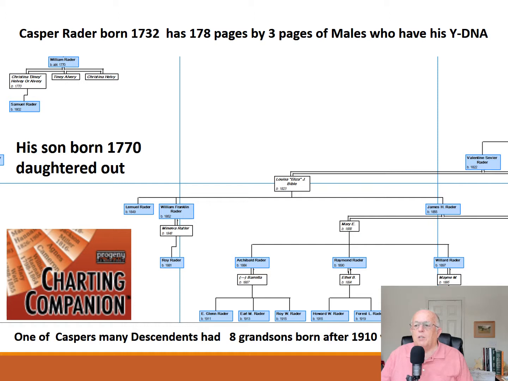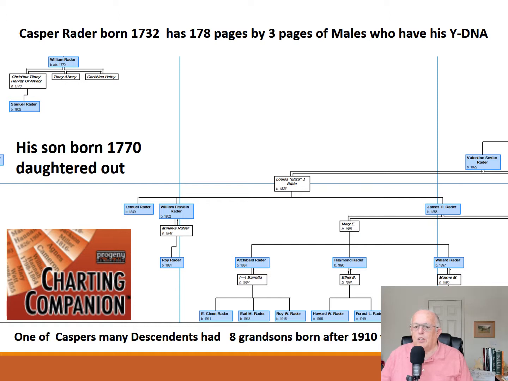But William's brother had grandchildren and others who've passed that Y chromosome down to this bottom line. You can see Glenn Raeder and Earl Raeder and Roy Raeder and Howard Raeder and Forrest Raeder and others. All of them are candidates for testing for the DNA of Caspar Raeder. They received it from their father.